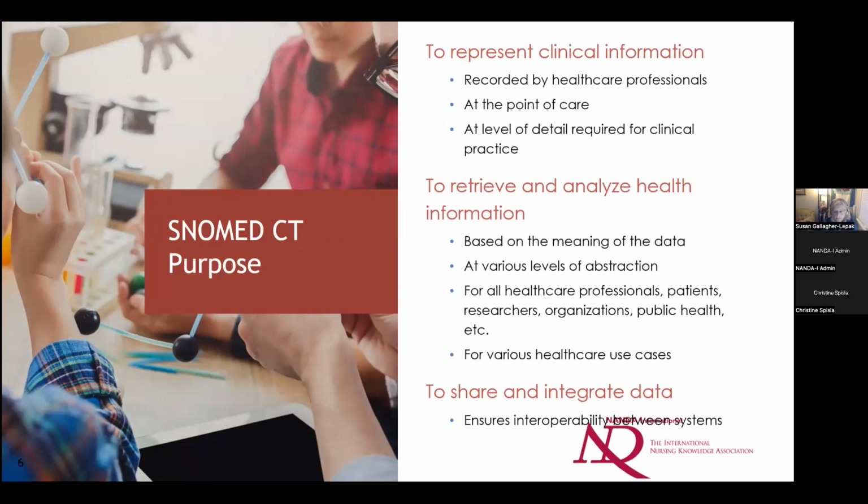With that, we can encode the record at different levels of detail, and that helps with abstraction later on, not only for administrative purposes, but for research purposes, or even for just looking back at the patient record when the patient is moving from healthcare organization to healthcare organization.